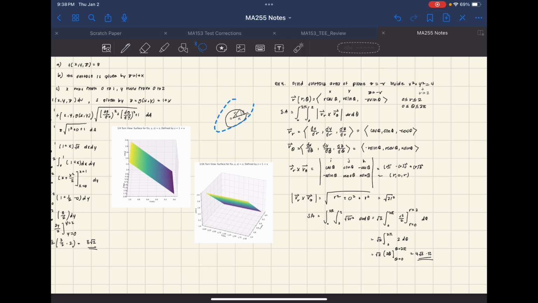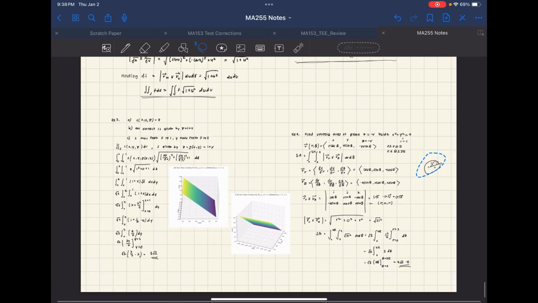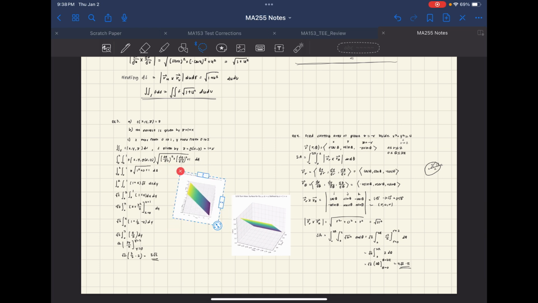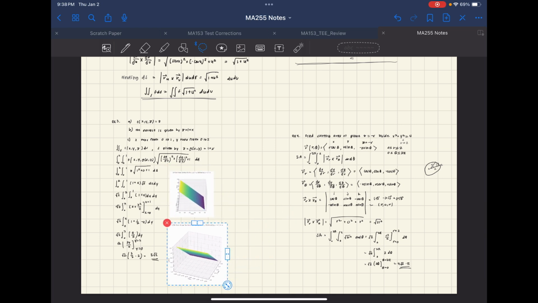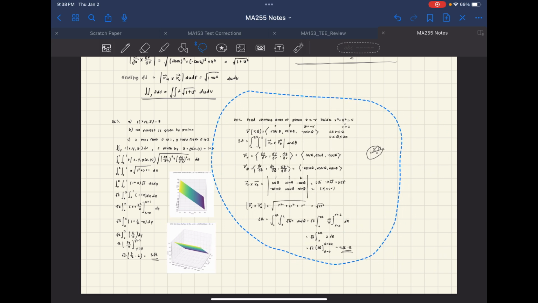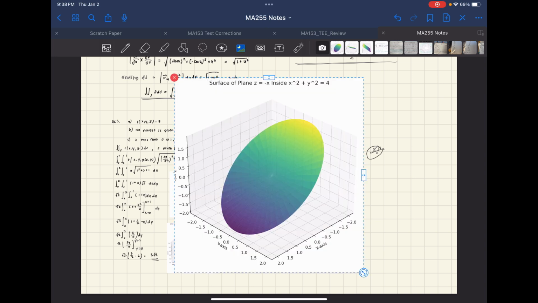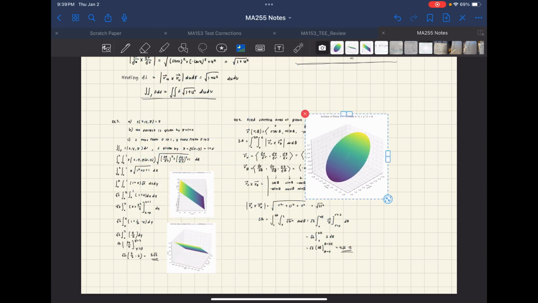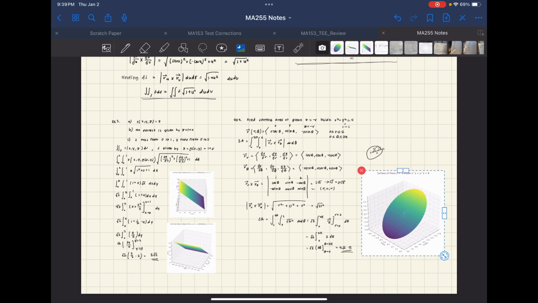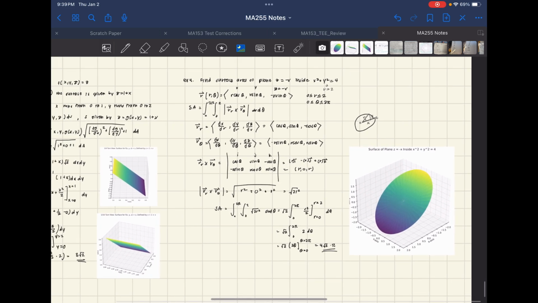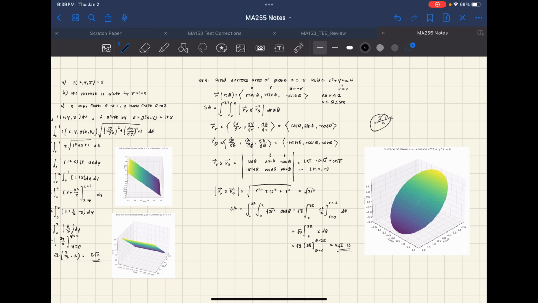And once again, I have some visuals. Let me just move this around. Okay, so here's the visualization of the surface defined by the plane z is equal to negative x, restricted to the region inside the cylinder, however you want to think of that.